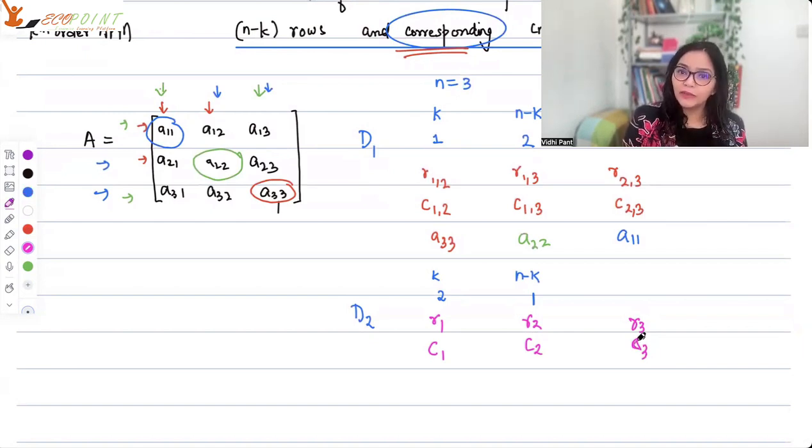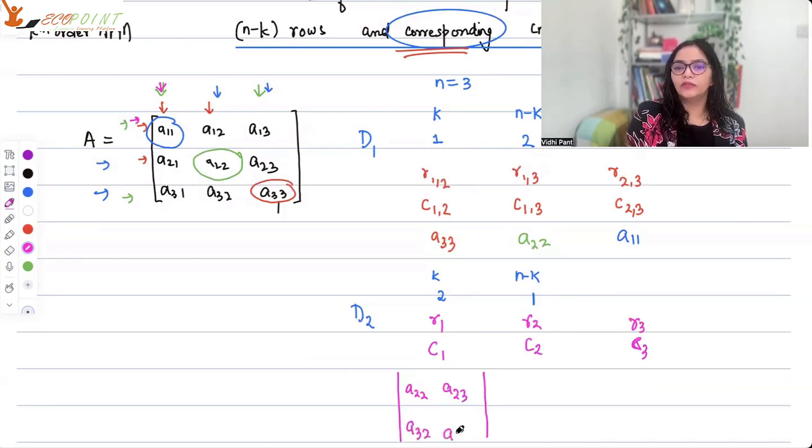They will also be multiple in nature because when you delete row 1 and column 1, you will fetch the determinant. Just try it out yourself. If this goes off, you'll be left with A22, A23, A32, A33. You won't find 1 anywhere.